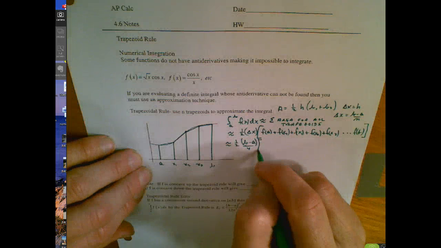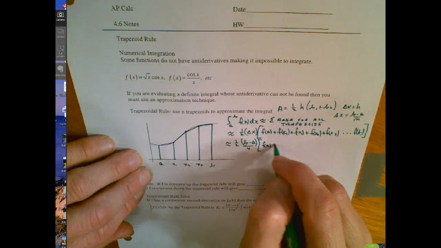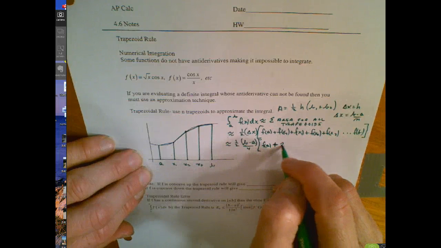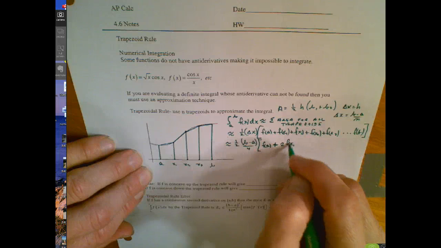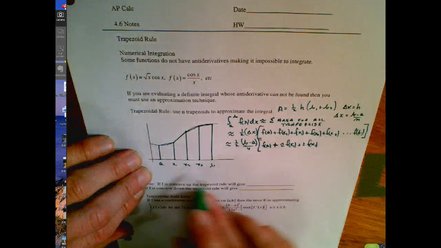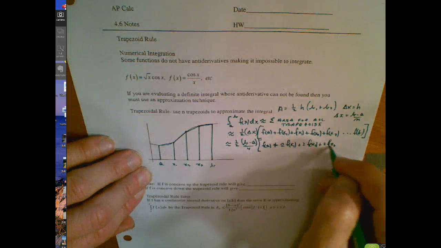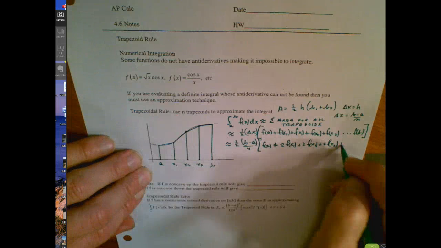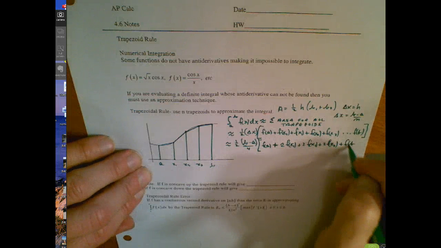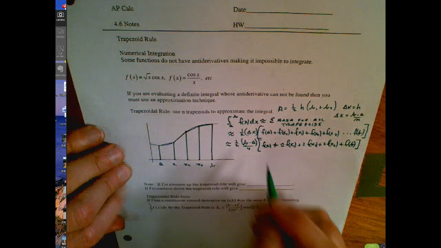And we summarize this as f of a, then we add 2 f of x sub 1, and then 2 f of x sub 2, and you notice we have 2 f of x sub 3. And then finally, we end up with only 1 f of b. So that's going to be our formula that we're going to use.